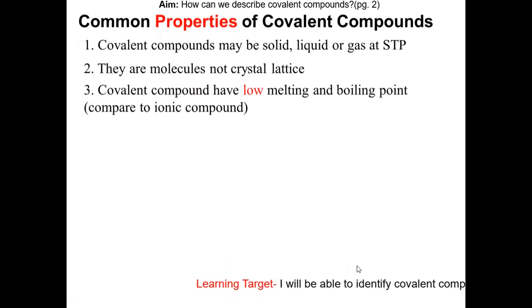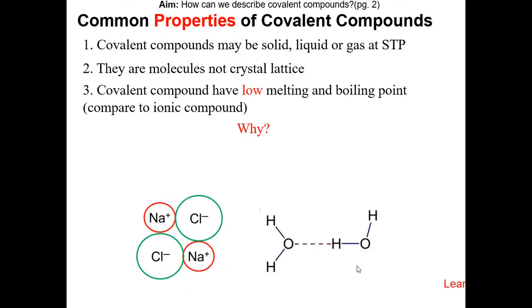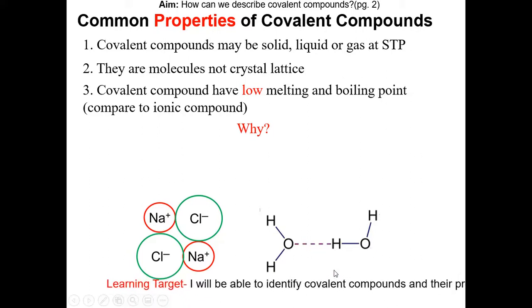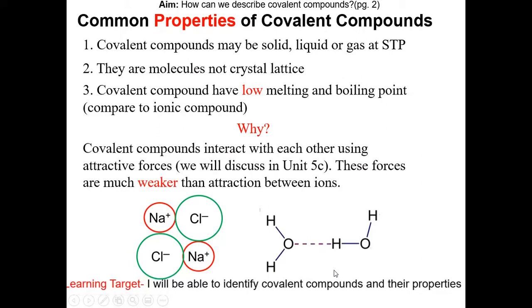If you analyze the structure of ionic and covalent compounds, in ionic bonding, the ions in the crystal lattice interact with each other through ionic bonding, but in covalent bonding, the covalent compound interacts with another covalent compound through attractive forces. Those attractive forces are much weaker than the attraction between ions. So it's much easier to break an attractive force than the ionic bond.